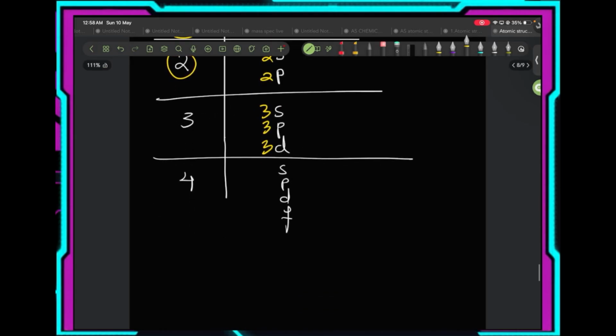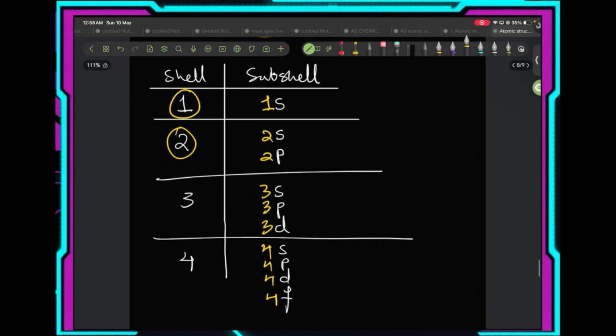And then there's the fourth shell, 4s, 4p, 4d, and 4f. Okay, this is how you name them. Because you can see the S subshell in the first, second, third, fourth shell of the atom, right? So in order to distinguish between them, we have to give them names. So we name them according to their shell number. Fine?